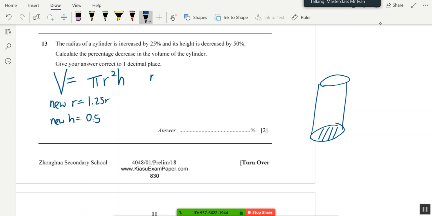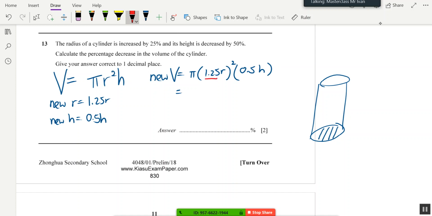Okay? So I want you to write the new V equals to pi. The radius is 1.25, like that. The R must be inside. Okay, and then the height is 0.5 H. Now I want you to use your calculator.